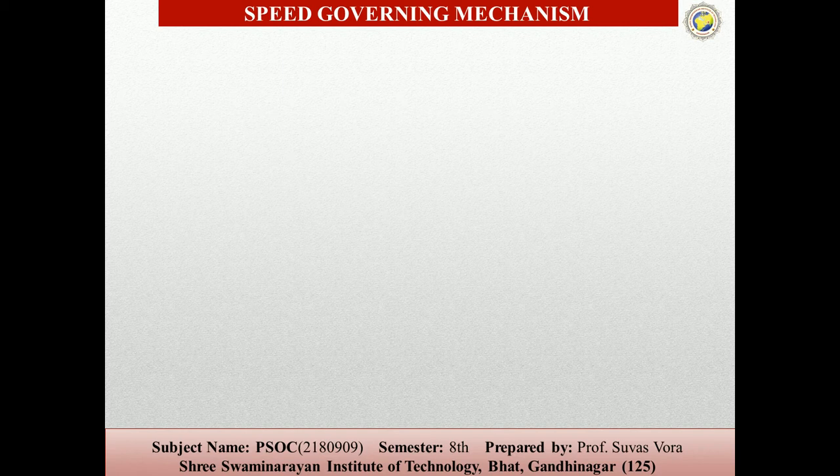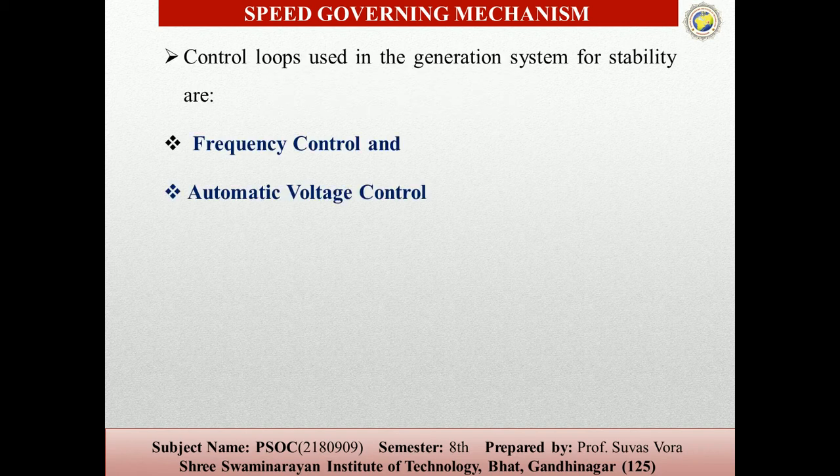In the frequency control system, it is achieved by generator control, where thermal and hydro generating plants have different governing systems. As we saw earlier, through steam and water we can control the speed, and accordingly control the frequency.